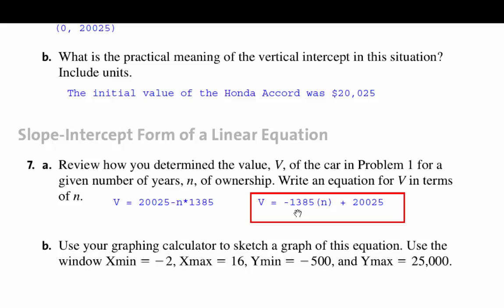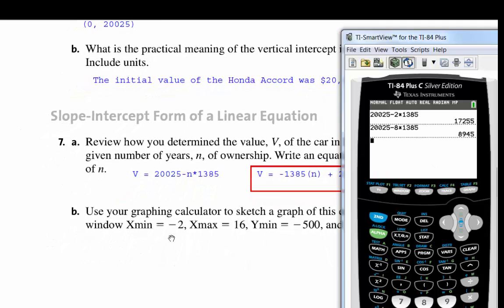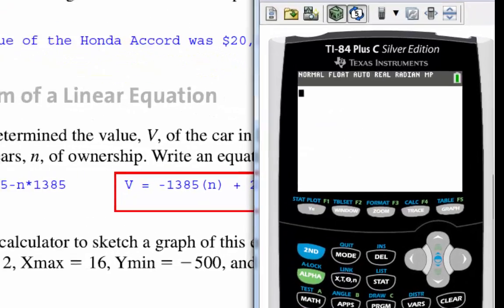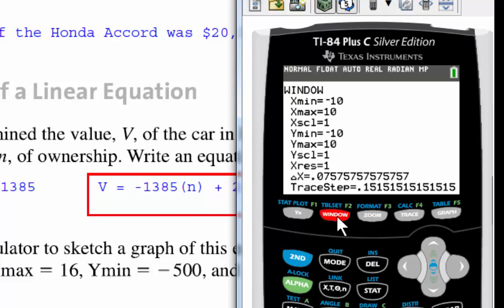Part B asks us to actually sketch this graph. So let's take our calculator, and they give us a window here. It says x min is -2, x max is 16, and so on. So we're going to set our window first. So I turn my calculator on, I press the window key, and I change x min to say -2.